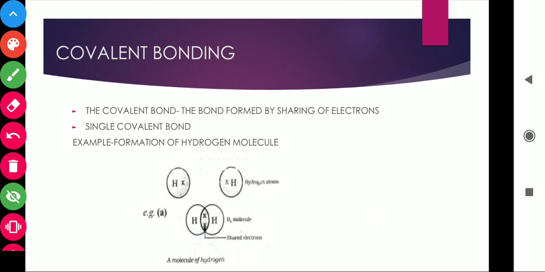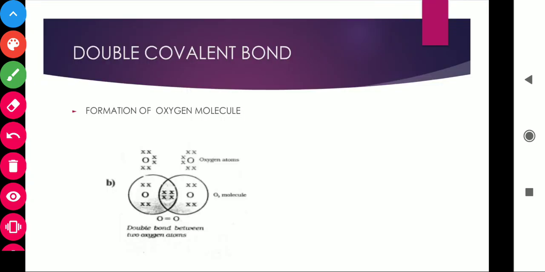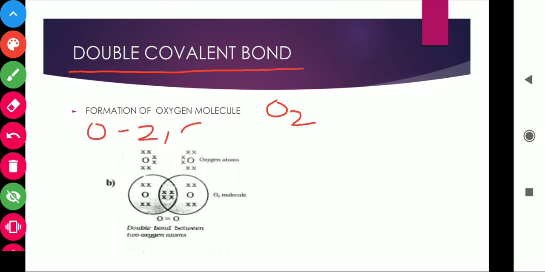Now we will discuss the bond which is formed by sharing of 2 electrons, the double covalent bond. In this bond, 2 electrons get shared. Example, O2. O has 2, 6. This is the electronic configuration. It requires 2 electrons.